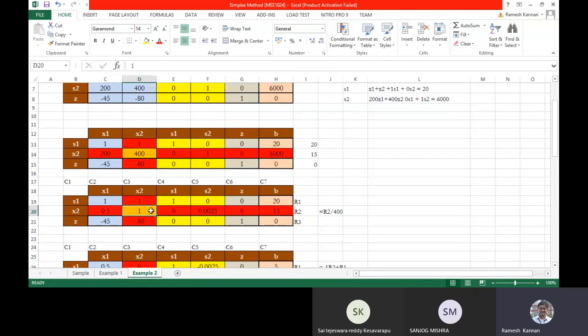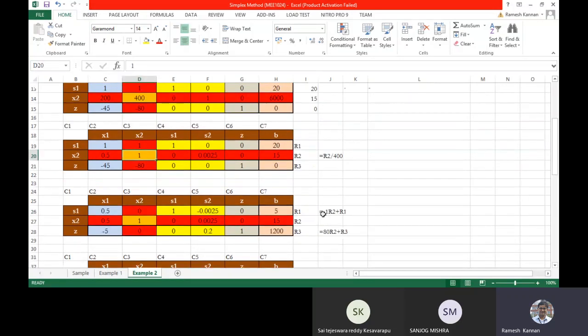The next step is making the other elements in the key column become 0. This is fairly simple. How do we make 1 become 0? Multiply the X2 row by minus 1, then add that to the X1 row, and that will become 0. For example, for R2, this is the row made from 400. The next step is minus R2 plus R1, which will become 0.